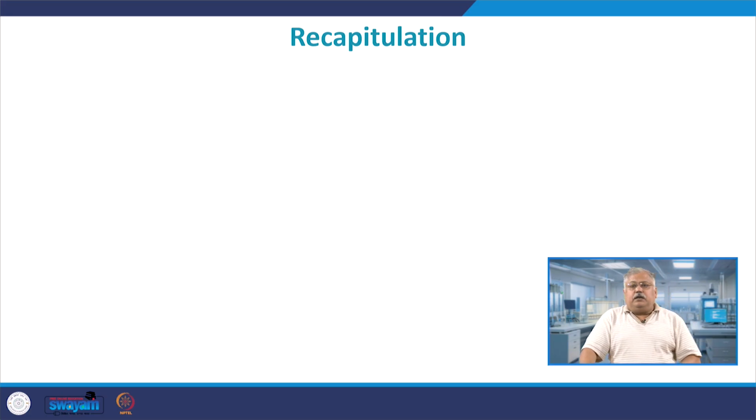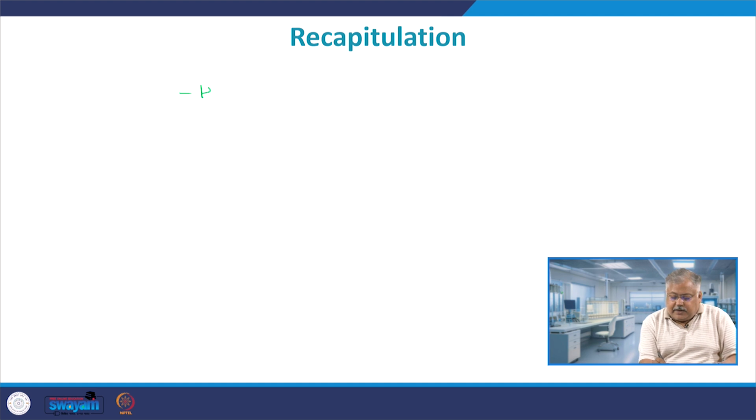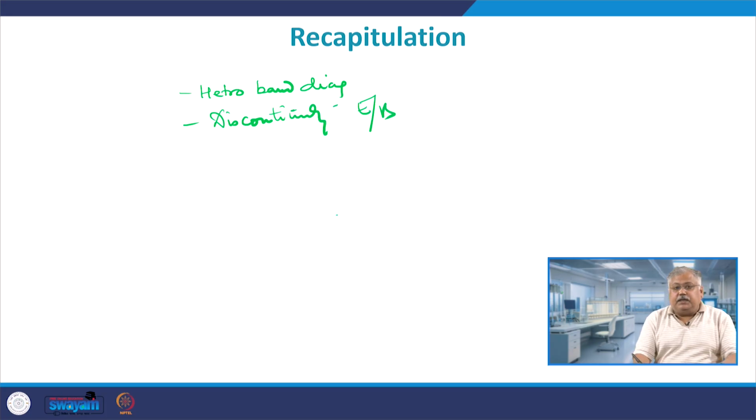So with this, let me recapitulate what we did in this lecture. We looked into the heterostructure band diagram, and we saw that there will be a discontinuity in the energy band. This discontinuity in the energy band is primarily because of the difference in the band gap between the two materials.